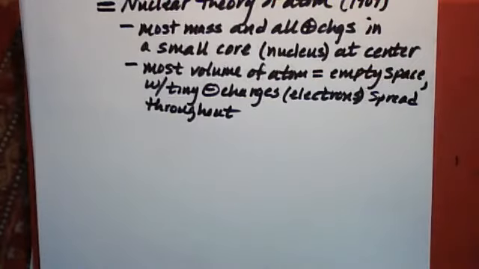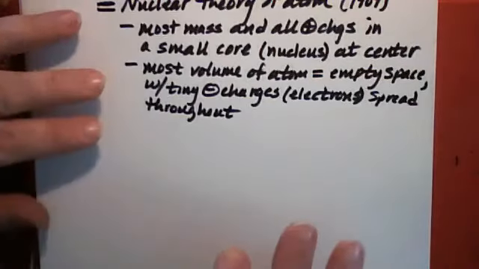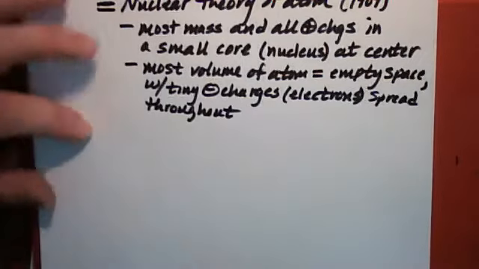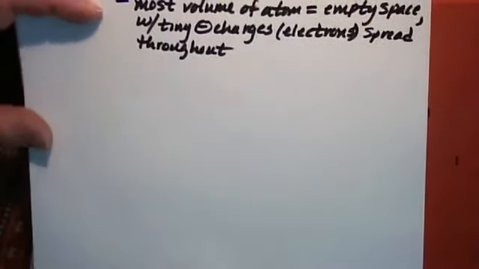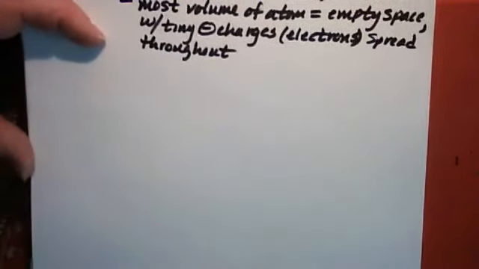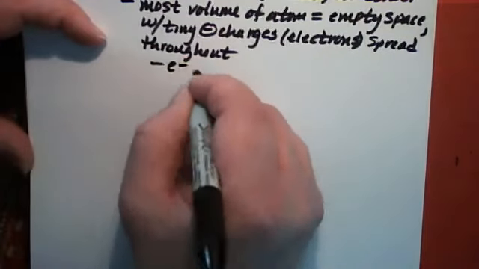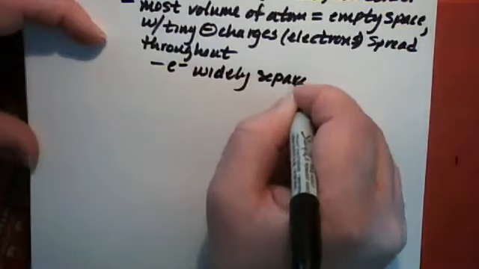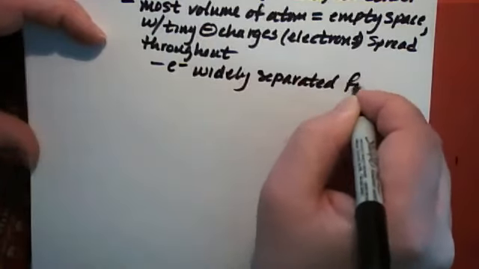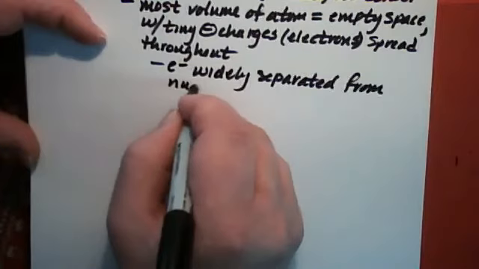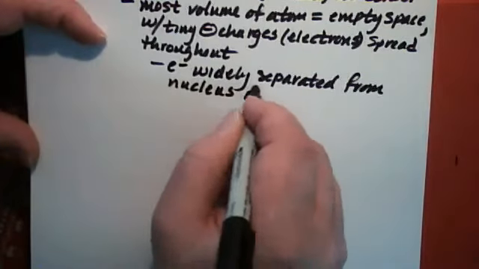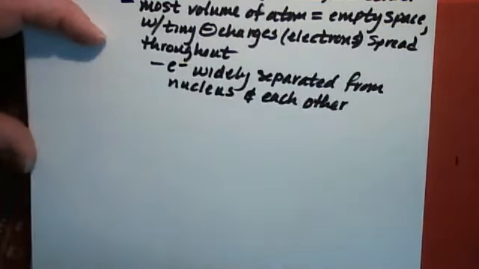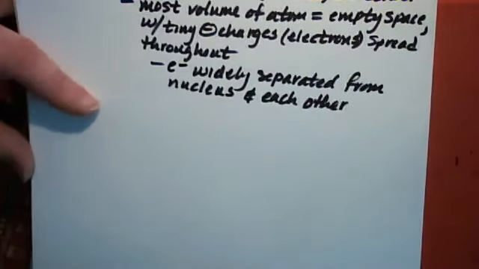The amount of space that's devoted to electrons within an atom is really enormous compared to the size of the electrons themselves. So they're widely separated from the nucleus and from each other. Okay, so there's a lot of space even between the electrons themselves.